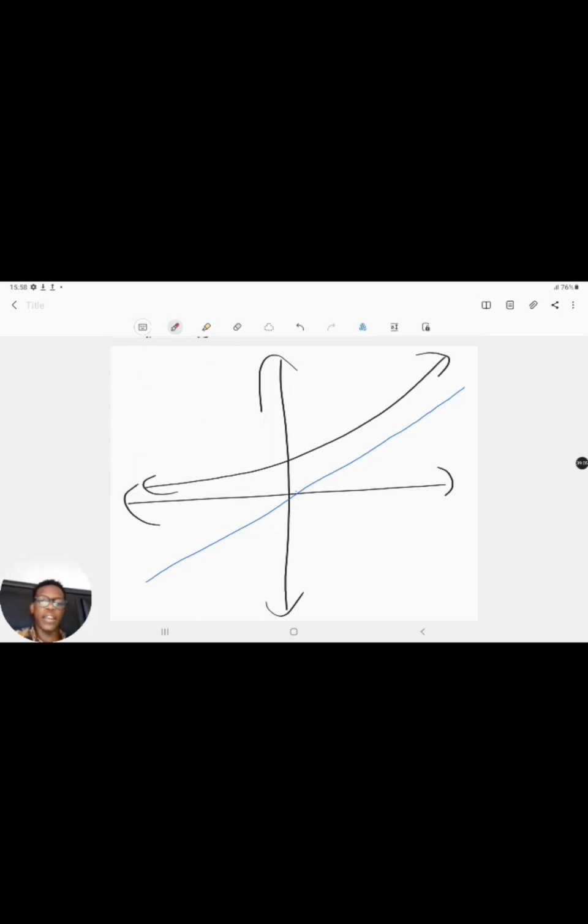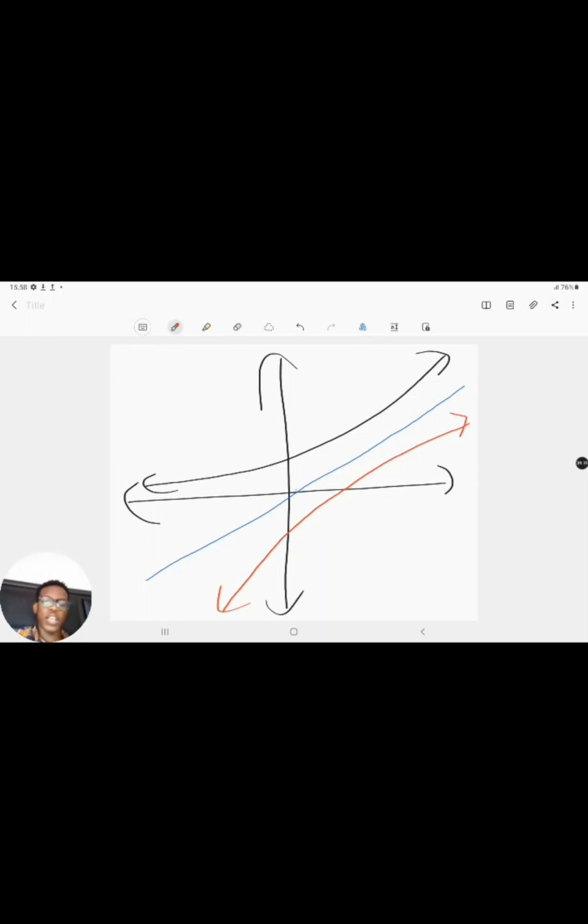So the red line reflected about this will look like that. Try to draw it a bit more accurately, with the distance from the mirror shown more accurately. How do I know this is going to be the inverse? Simply because I know that my mirror is that line there, and this line reflected along this mirror is going to look like that. That's the inverse of an exponential.